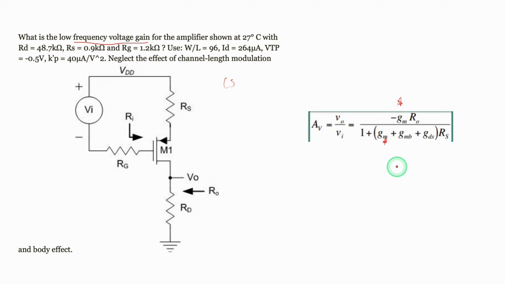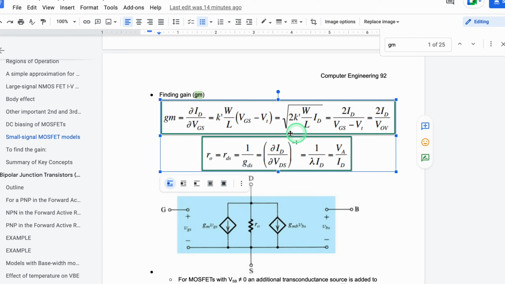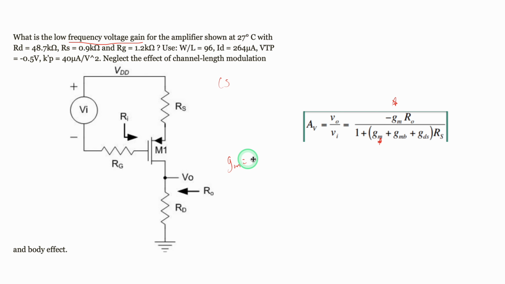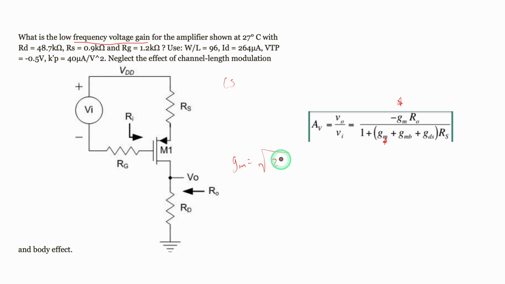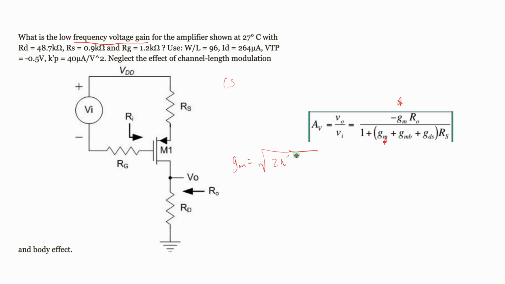Now, for the gain, we are going to use this middle equation, because that encompasses everything that we have. GM is equal to the square root of 2 times our K prime times W over L times our ID.